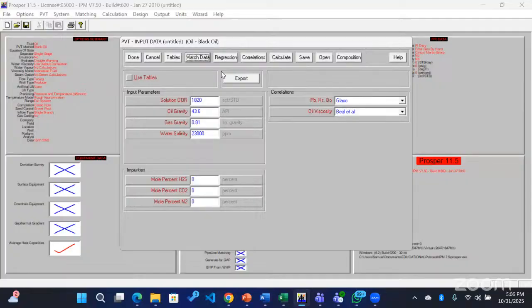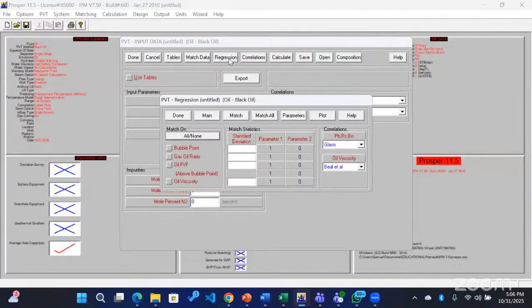Click done. Then the next thing is you want to carry out that calculation. You click regression. In the newer version, you see something like match data. So now I want to match all. So I'm matching for bubble point, gas oil ratio, oil formation volume factor, and oil viscosity.